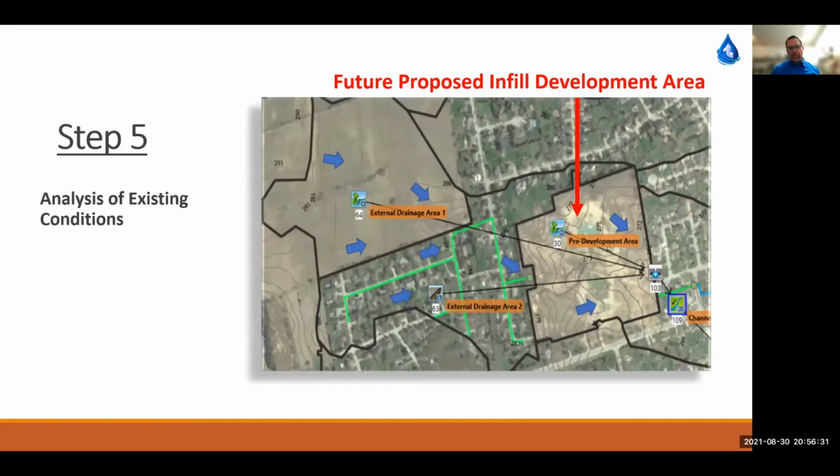And again, this is the first example. So I've taken one of the subwatersheds in the study area that we saw in the previous slides, and I'm looking at a specific smaller area that includes upstream development, what we call here the external drainage area 1, that goes into the external drainage area 2, that goes into an area that at the moment is not developed, but it is proposed for development.